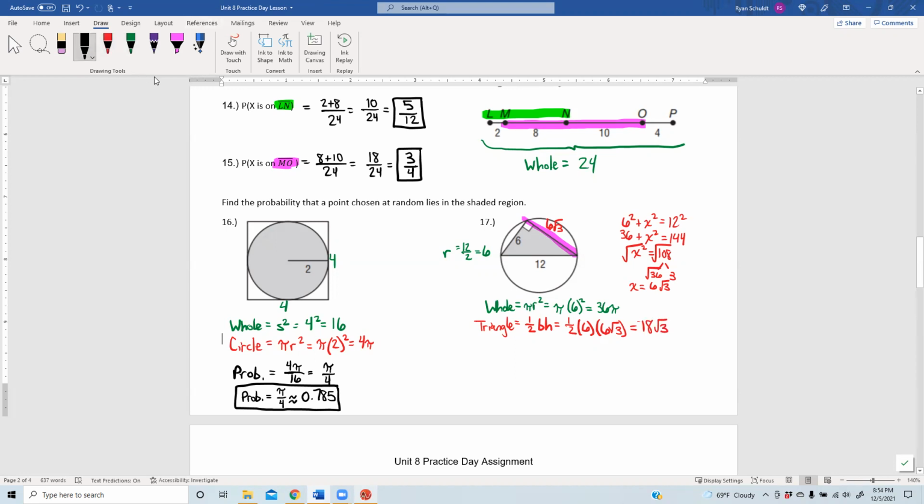So now the probability. The shaded area of my triangle, 18 square roots of 3, over 36 pi. 18 over 36 reduces to 1/2. So that's going to be the square root of 3 over 2 pi. That means our probability, the exact answer, is the square root of 3 over 2 pi. Of course, I know y'all are going to want an approximate decimal.